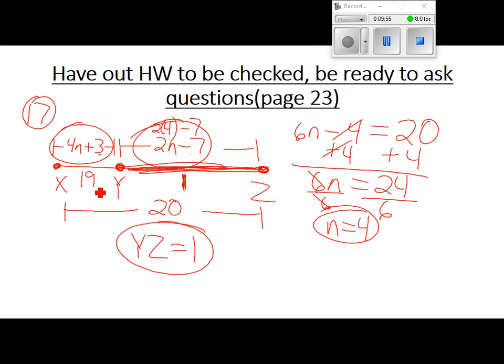Really? So from here to here is 19, and from here clear over to there is 1. That doesn't make any sense. It has to be 20 total. But my 19 is a whole lot shorter than my 1 segment.